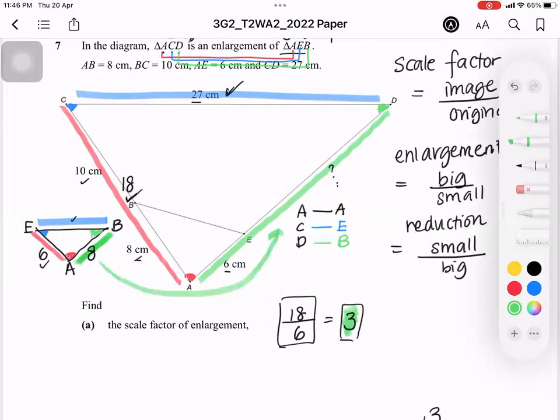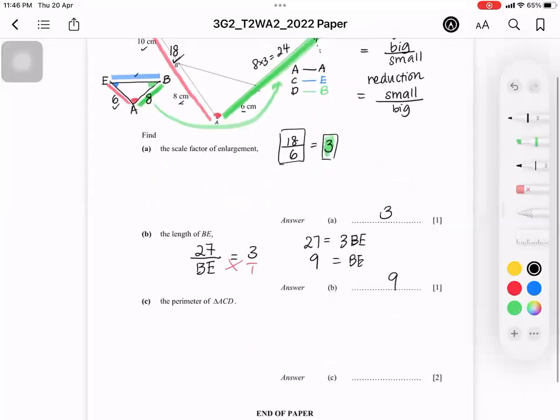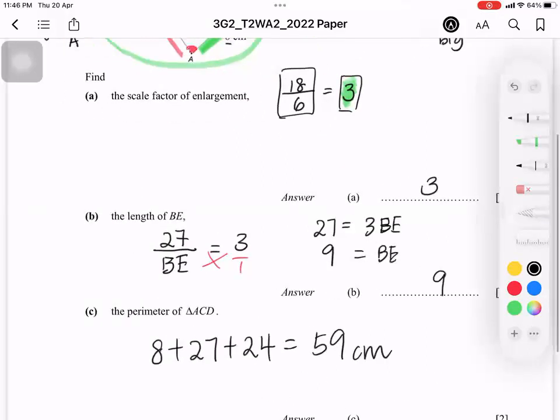This whole length will become 8 times 3, which gives me 24. So in this case, to find my perimeter, I take 8 plus 27 plus 24 cm, which gives me the answer 59 cm. Have you gotten the answer?